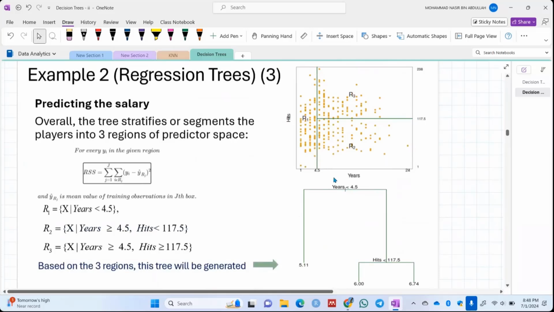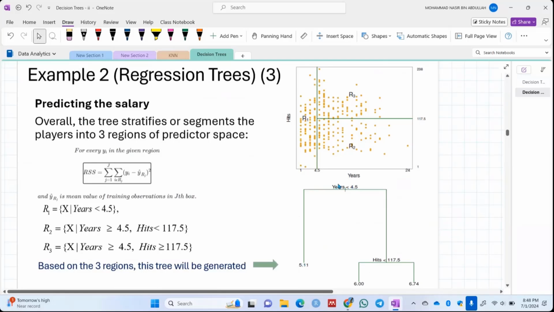It can be split by years. This means that years is the important variable that explains salary, and how much salary should be given to the players. It is determined by the first variable, which is years of experience. If years of experience is less than 4.5, the salary will be 5.11 thousand.